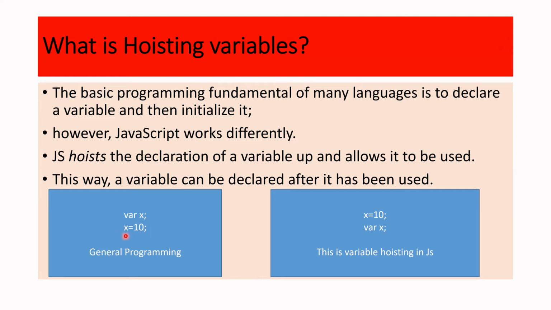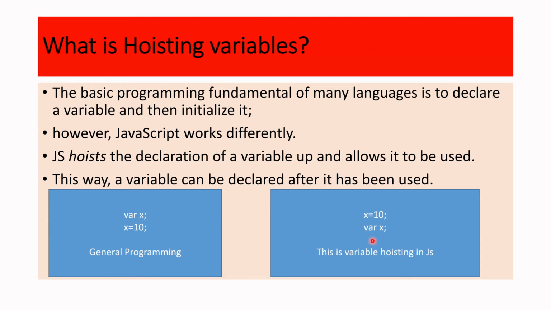Before storing, in a general programming language, we first define the variable and then we store the value, right? But in JavaScript, if we have stored a value in a variable and only after that define the variable, this concept is called variable hoisting.